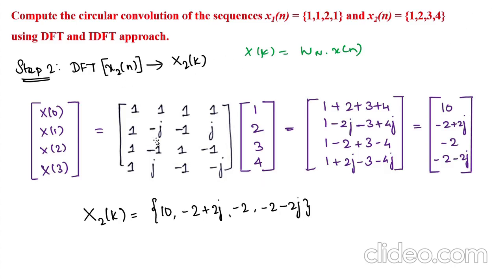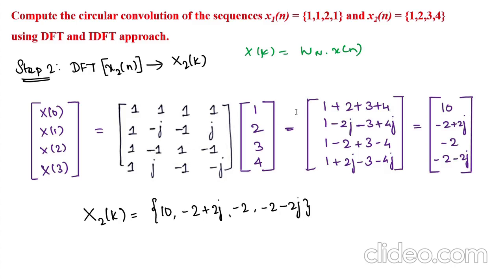Now normal matrix multiplication again. 1 into 1 is 1, plus 1 into 2 is 2, plus 1 into 3 is 3, plus 1 into 4 is 4. Here 1 into 1 is 1, minus j into 2 is minus 2j, minus 1 into 3 is minus 3, j into 4 is plus 4j.